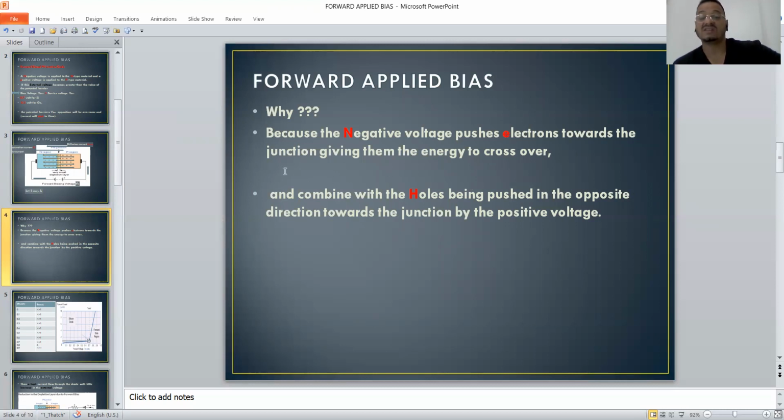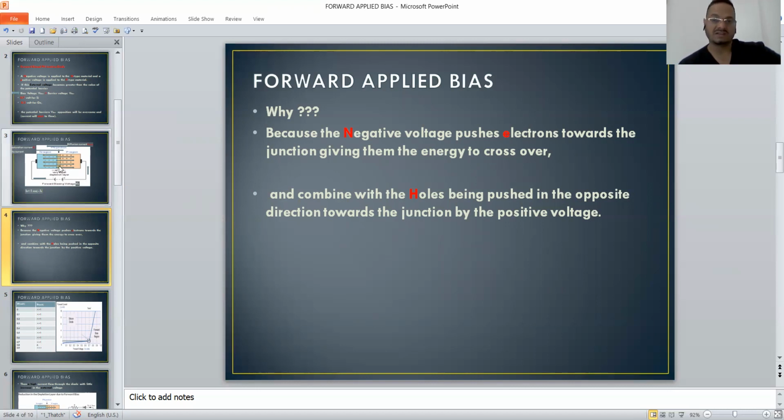It gives them the necessary energy to be bigger than the potential barrier so they cross the depletion region and combine with the holes. And the positive voltage pushes the holes toward the junction, giving them the energy to cross the depletion region to the other side.